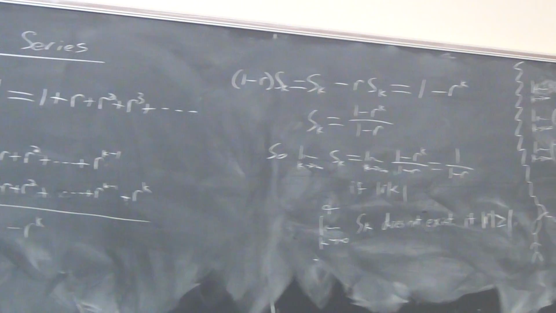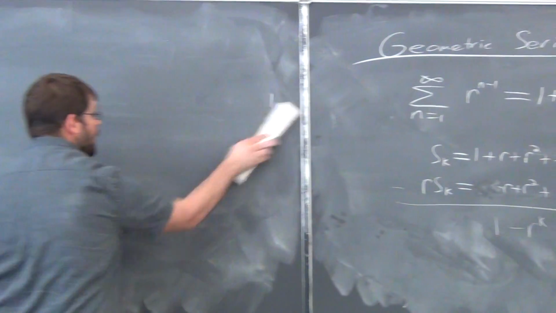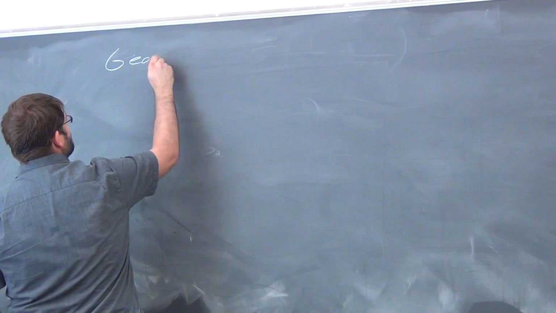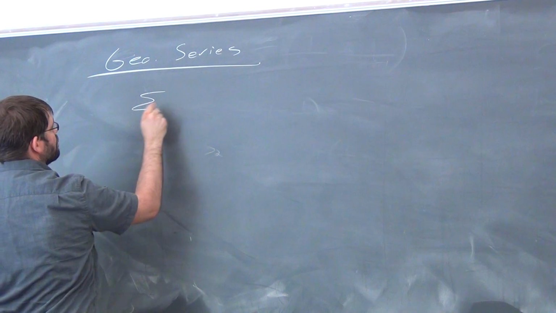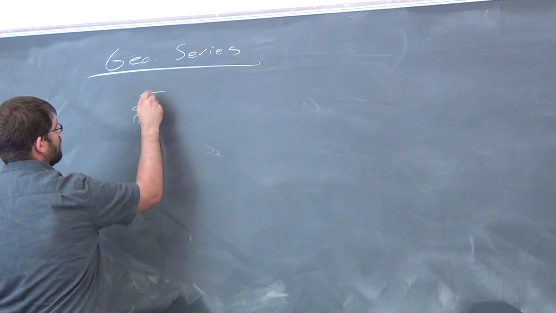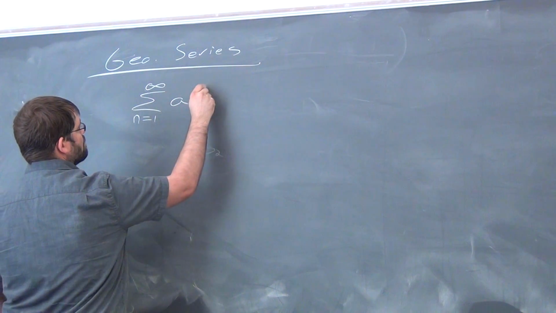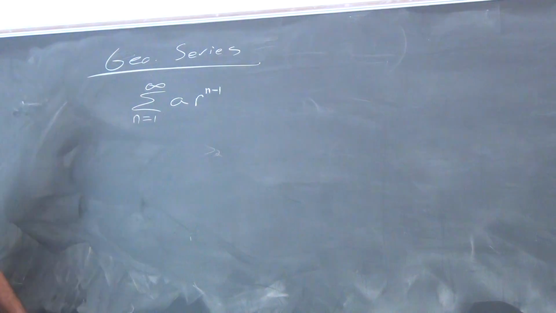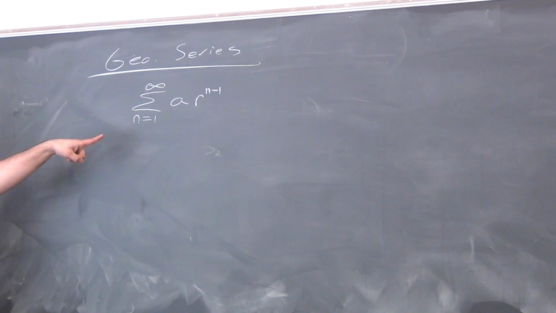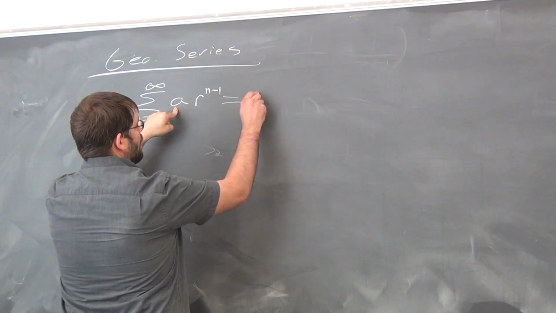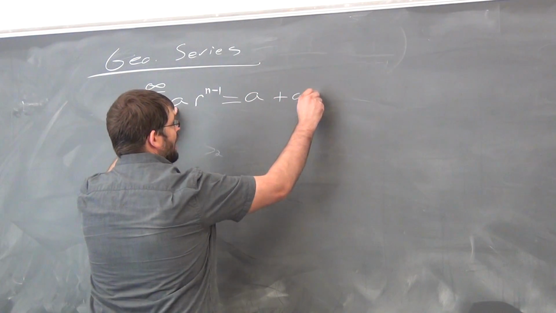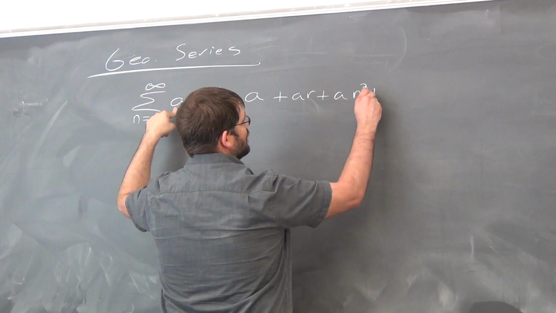Geometric series. The only difference between what we did and what we call a geometric series is we throw an a in front of it. This is a plus ar plus ar squared.